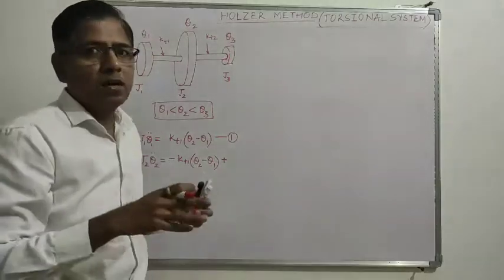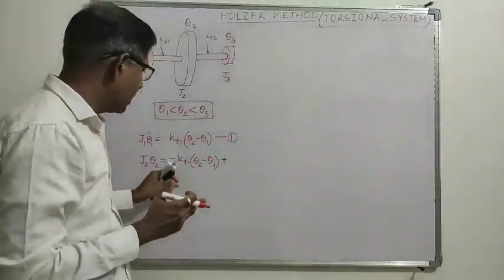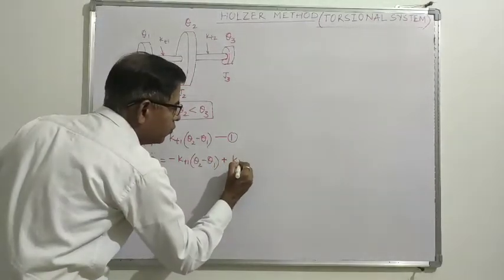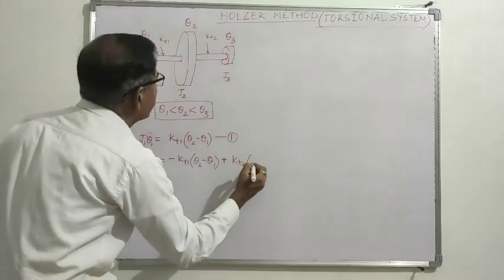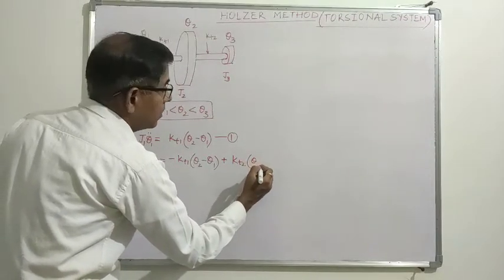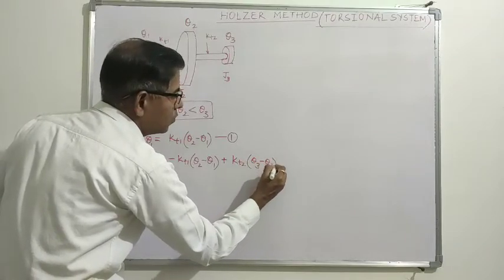Here also there are clockwise and anti-clockwise directions. Accordingly, you need to select the negative and positive signs. So this is KT2 in bracket theta 3 minus theta 2.